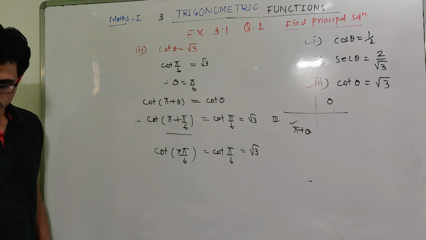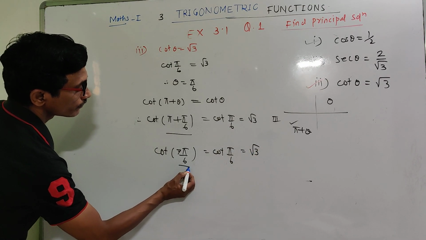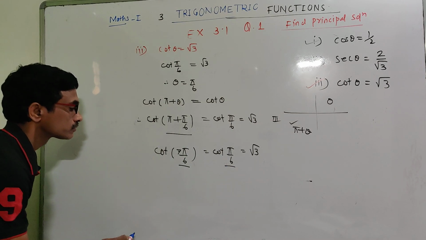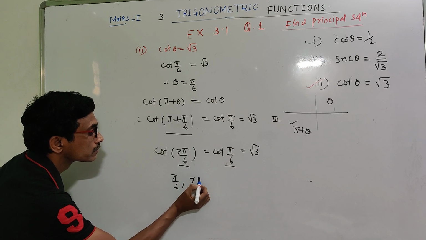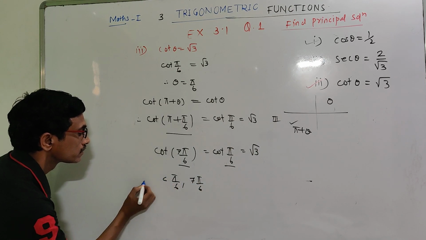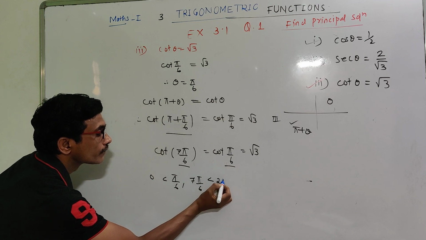Therefore these two angles are our principal solutions. So 7 pi by 6 and pi by 6, both values lie in 0 to 2 pi.